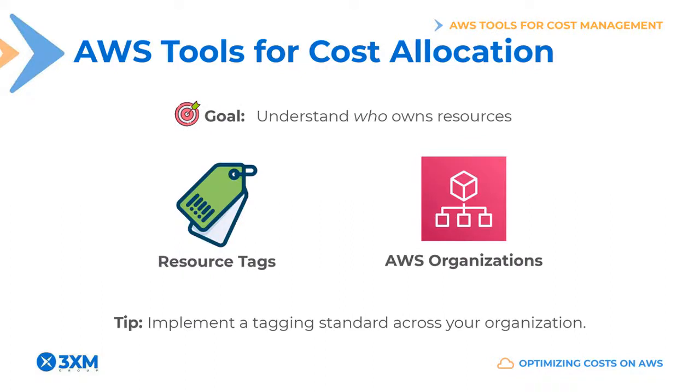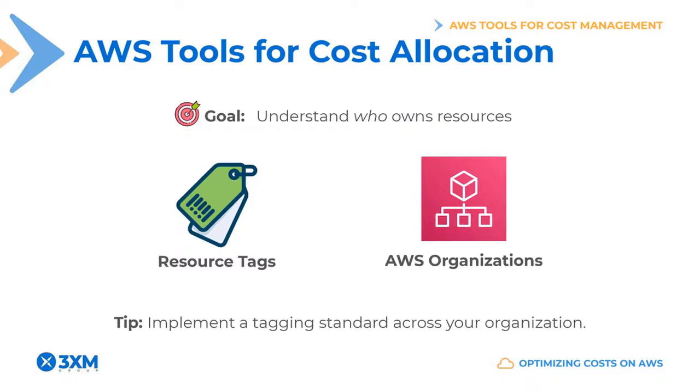And the other pillar of cost management I want to briefly touch on today is cost allocation, or cost attribution. Cost allocation is about understanding who owns resources and thus who is responsible for incurring cloud costs. It's about overlaying information that's relevant to the business on top of cloud resources in order to be able to assign cost to systems, revenue streams, or parts of the company, such as departments, business units, products, or internal teams. Now, to properly allocate AWS costs, consider using tagging and account structuring via AWS Organizations.